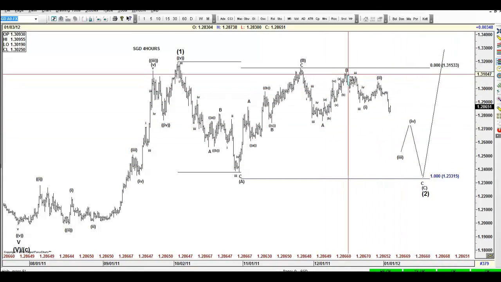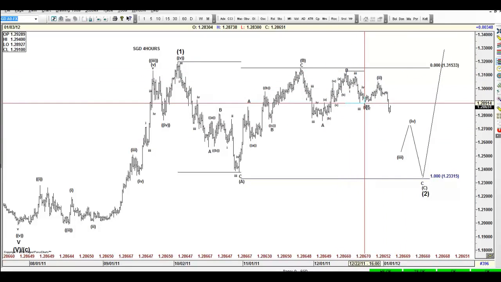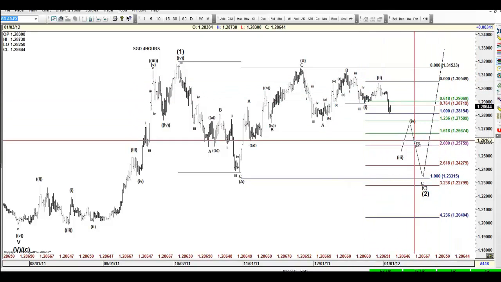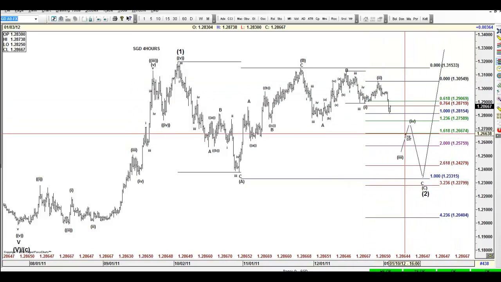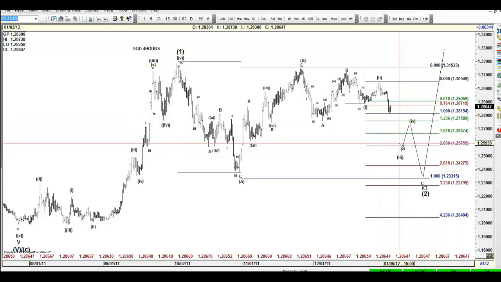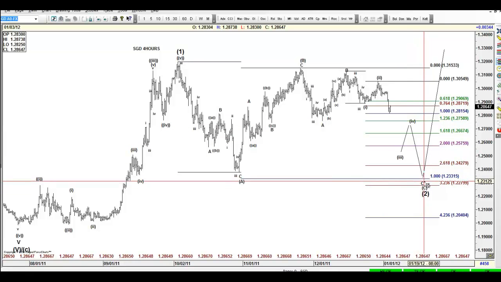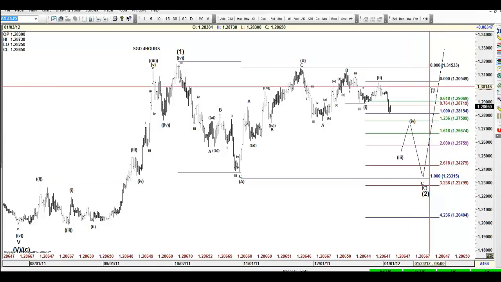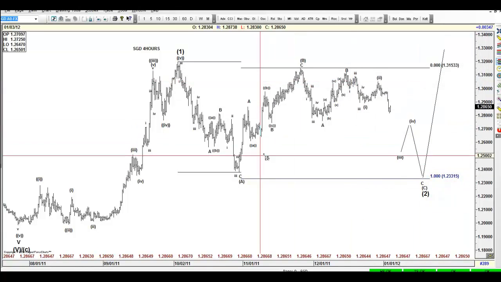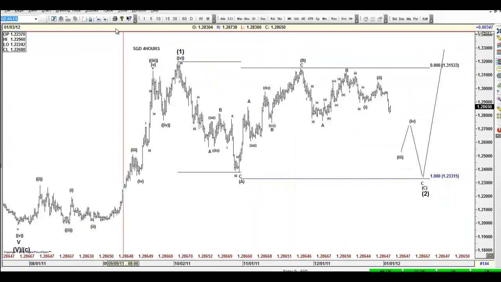If this is A and this is B, then this pair is going to find around 126 to end it. Wave 3 is going to make a 4, and then it looks like 122, 123 should find enough support to turn this pair bullish. I mean, this recovery right here is in 3 waves.